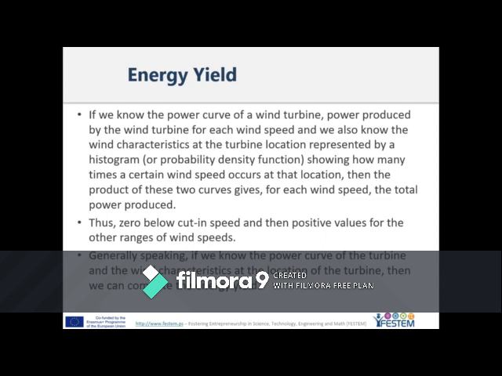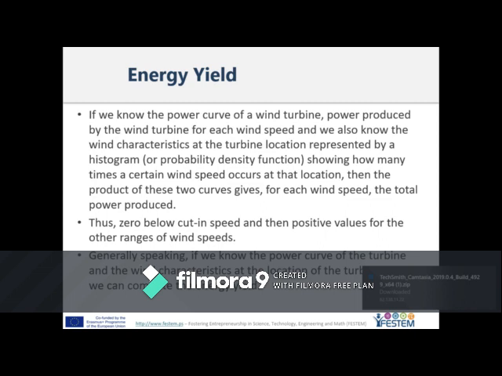So in order to know the total produced power, we need the power curve, the wind speed, and the characteristic of the wind at the turbine location. That means these three will give us the total power produced.